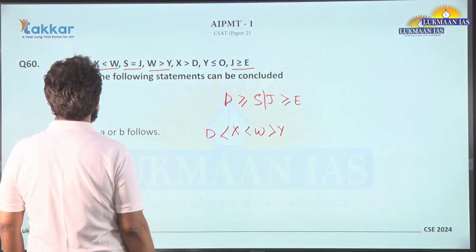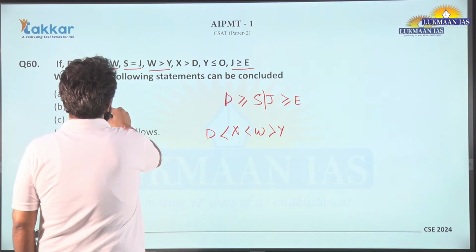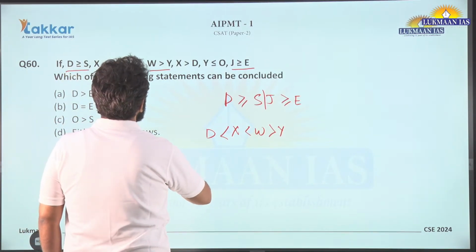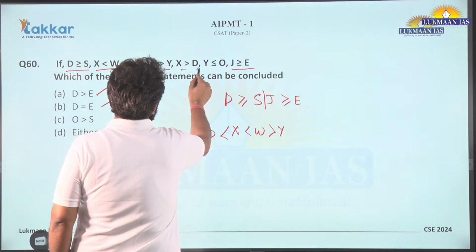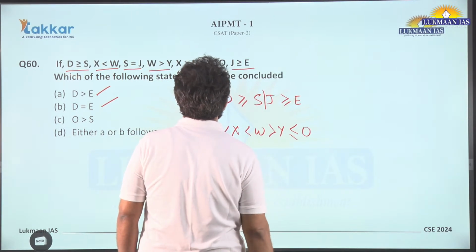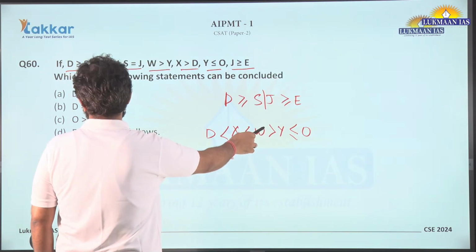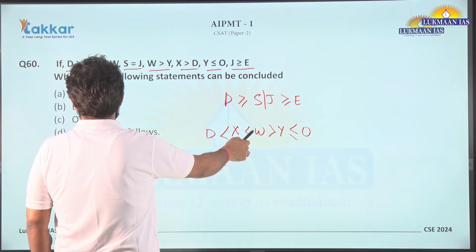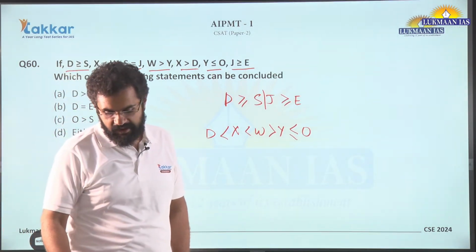Which of the following statements can be concluded? D is greater than E for sure, yes. D is equal to E, can be. Okay, X is greater than D, Y is less than or equal to O. O and S, it is very difficult to establish a relation between O and S. We don't know. And option D, either A or B follows, yes. So for question number 60, the right answer would be D.